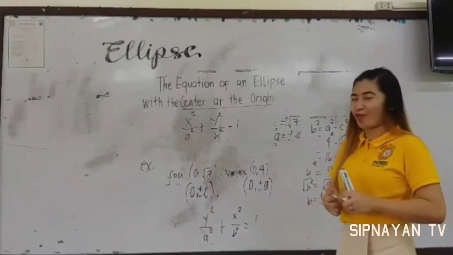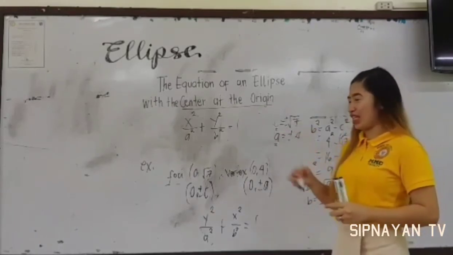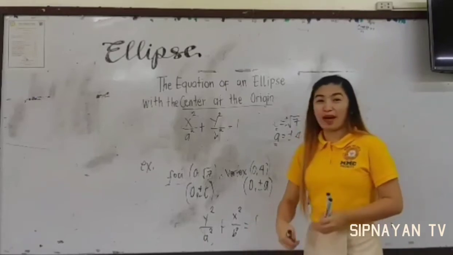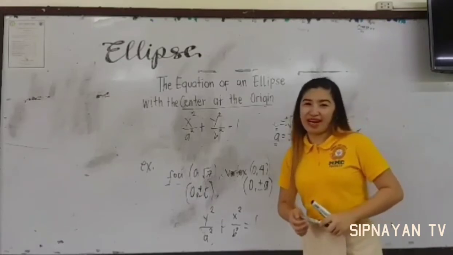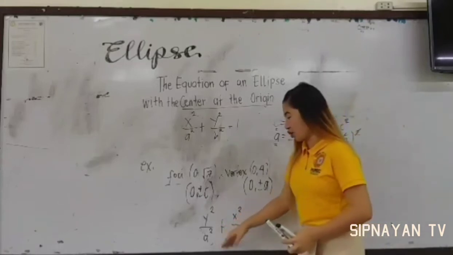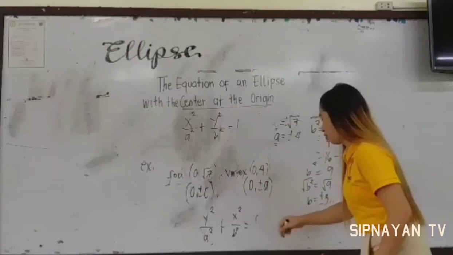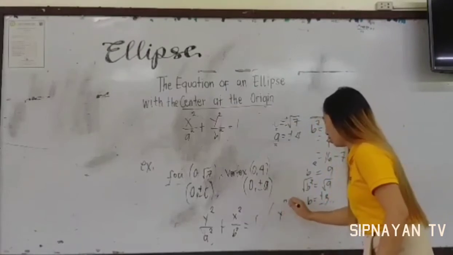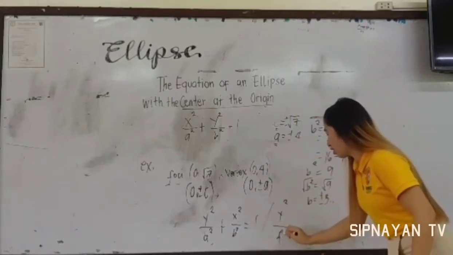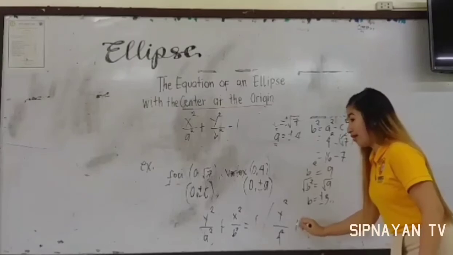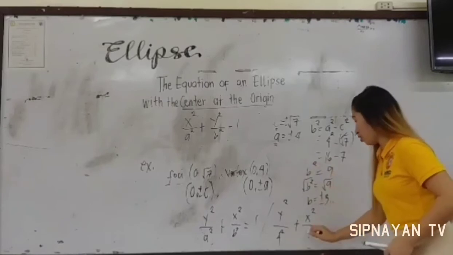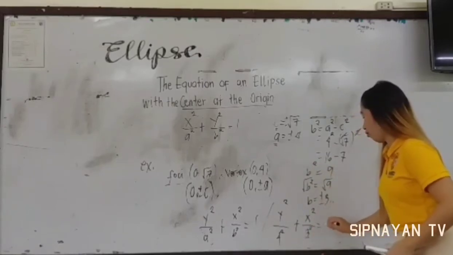So since meron na tayong B, meron na tayong A, meron na tayong C, kaya na natin siya i-substitute sa ating equation. So, para magkaroon tayo ng equation of an ellipse parallel to y-axis. So, since this is our equation, substitute na lang natin. So, therefore, y squared divided by what is our A, which is 4, 4 squared, plus x squared divided by, which our B is 3, so 3 squared is equal to 1.